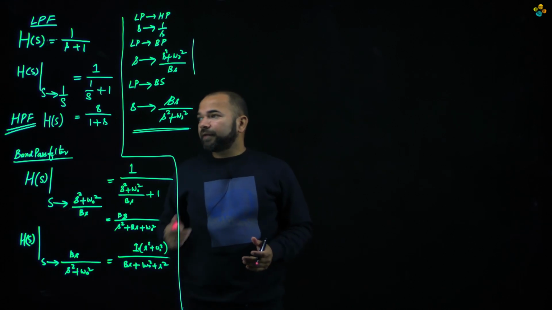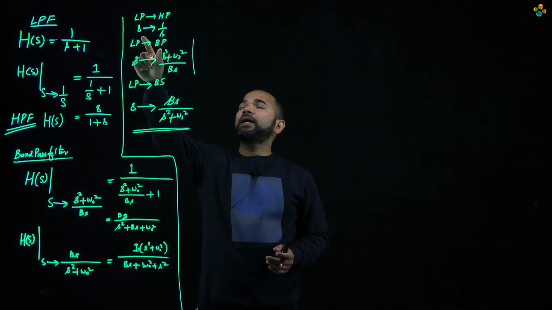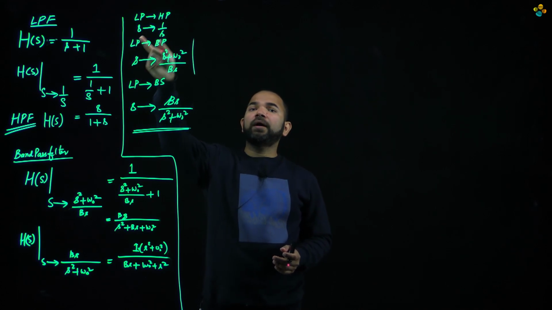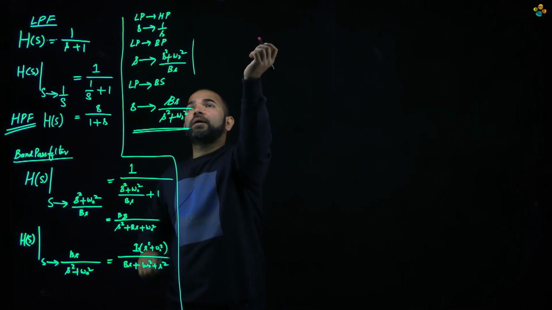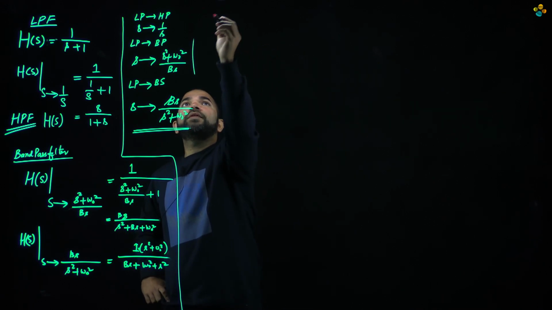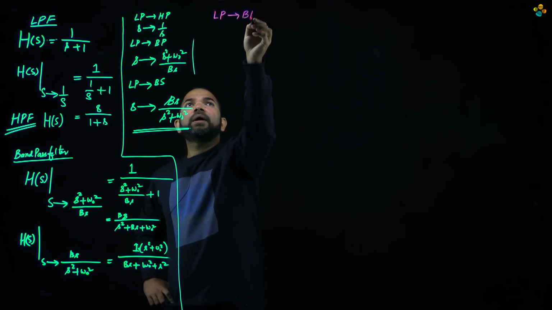So previously we have seen the transformation from low pass to high pass, and that is basically replacing omega with 1 divided by omega. Now in this class we are going to see the transformation from low pass to band pass.